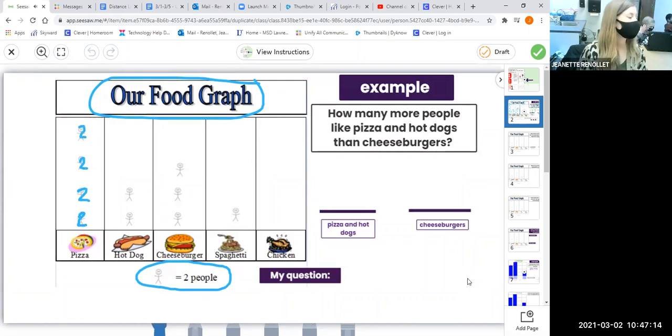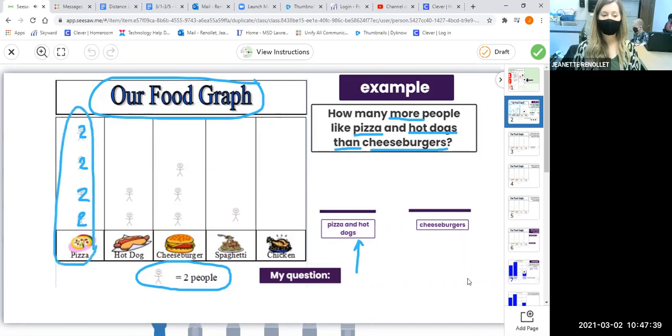Gloria, my question says, how many more people like pizza and hot dogs than, there's that comparison word, cheeseburgers? So first I need to find out how many people like pizza and hot dogs combined. So I find pizza on the graph and hot dogs.